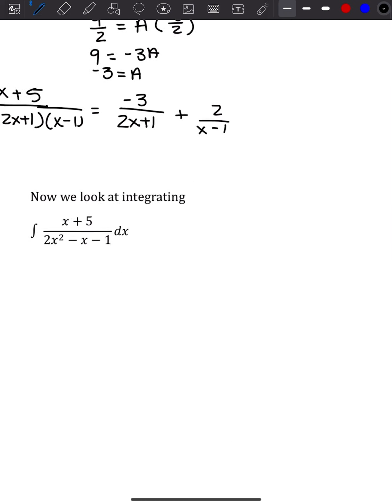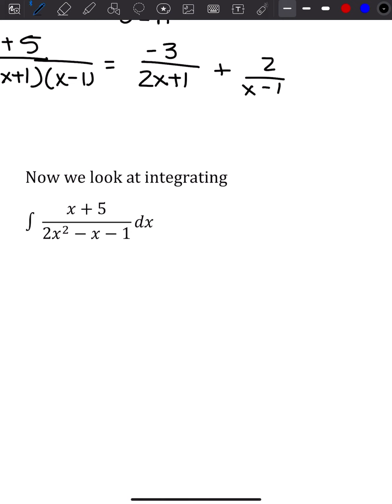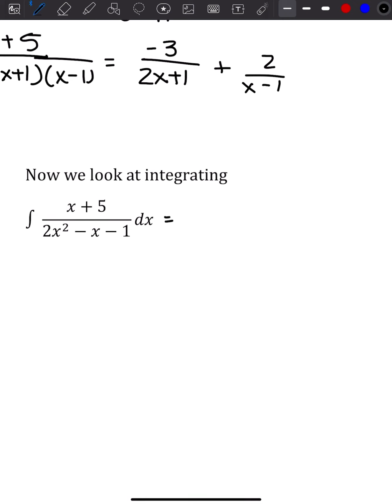Now that I have this, I've just done all of this work to show that those two are equal to each other. So what we are going to do is now take the integral of each of those fractions. Instead of taking it of that bigger fraction, we're now going to be taking the integral of this. One of the things that we can do with our integrals is separate them into the integral of each thing.